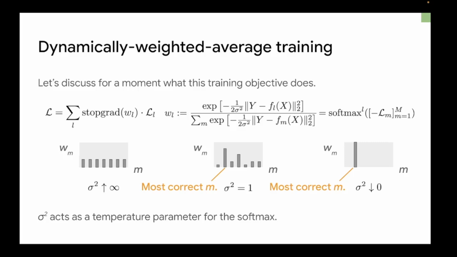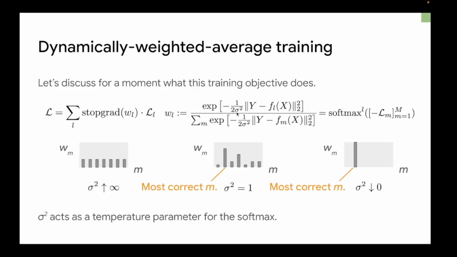And now, sigma is playing a role here as well. If you're familiar with the temperature concept for softmax, are you familiar with temperature for softmax? It's essentially a factor that you multiply in front of the value inside this x in softmax. So in this case, sigma is a temperature.